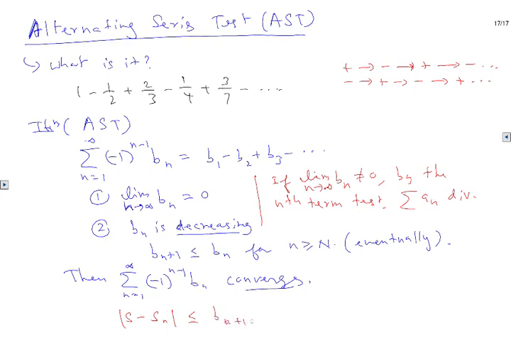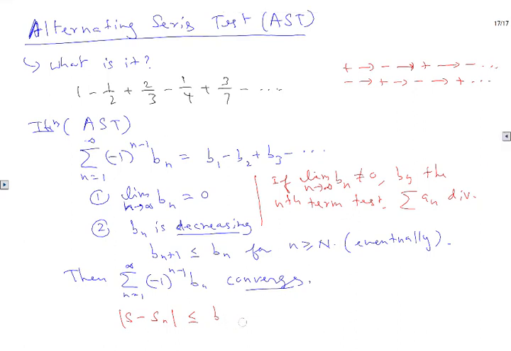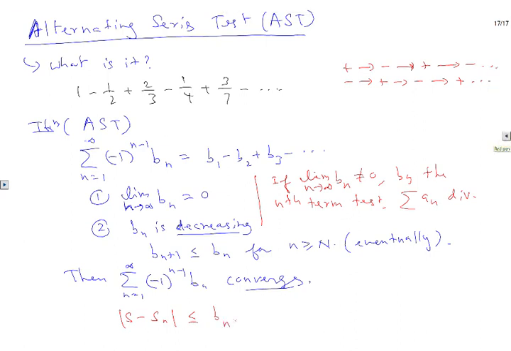That's the first missing term, because if you go up to n, the first missing term is n plus 1. So the error is less than the first missing term. We also assume that b_n is positive, or can be 0.